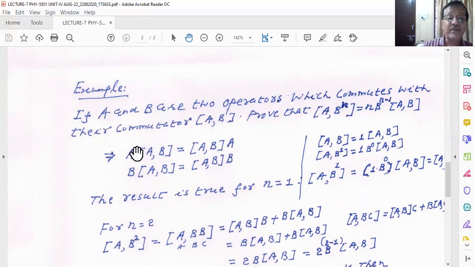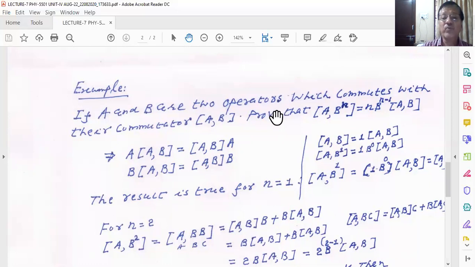So operator A operating with the commutator of AB commute with each other, and similarly operator B also commutes with the commutator of AB.